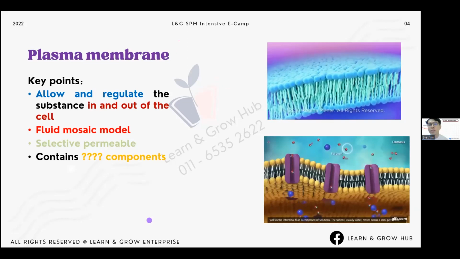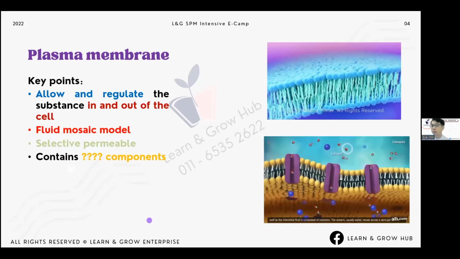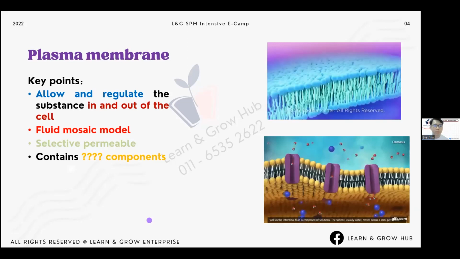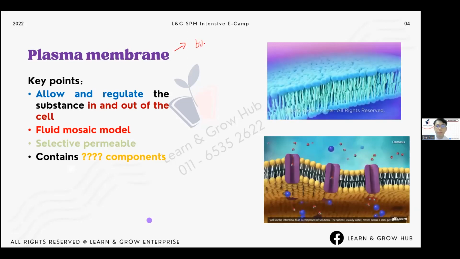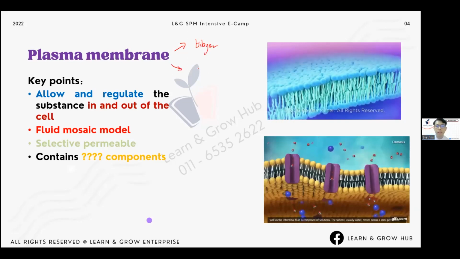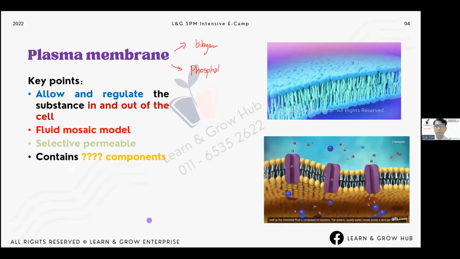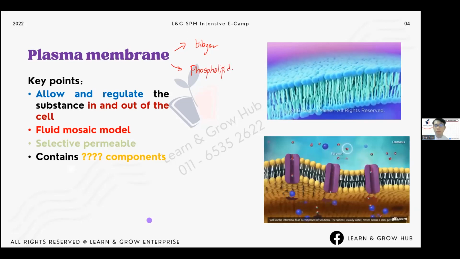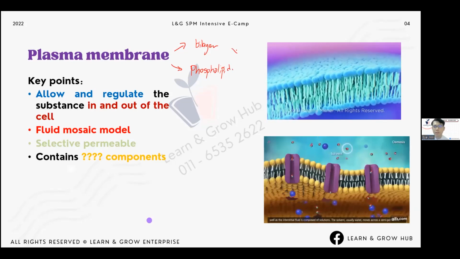So just now we saw the floor member share that actually the plasma membrane having some very critical term to explain about it. So the first one they say is a bilayer. And another Miss Wei En say that actually there's a term called as phospholipid. Okay, so let me combine this one together.